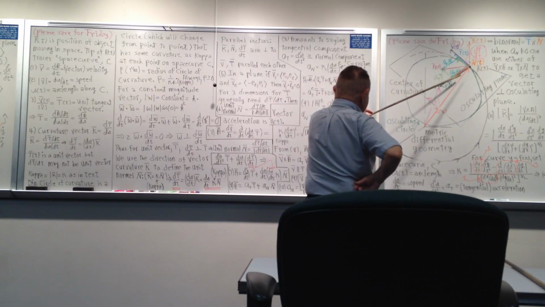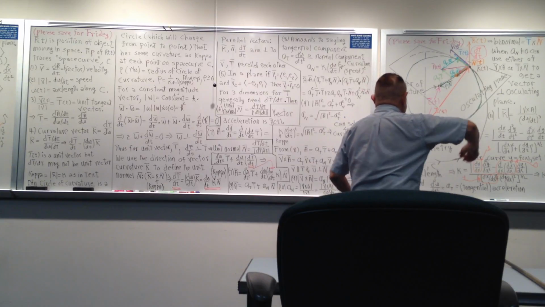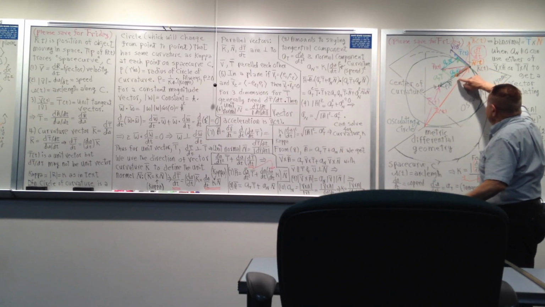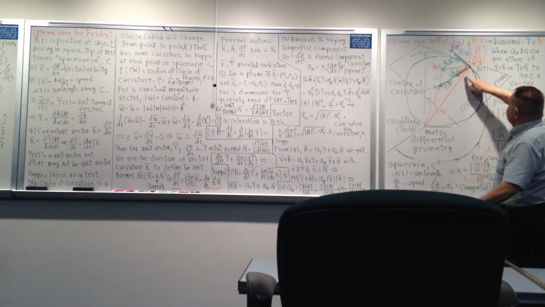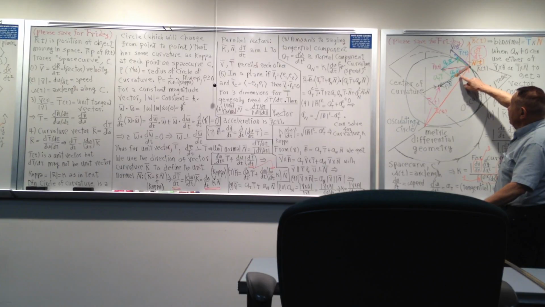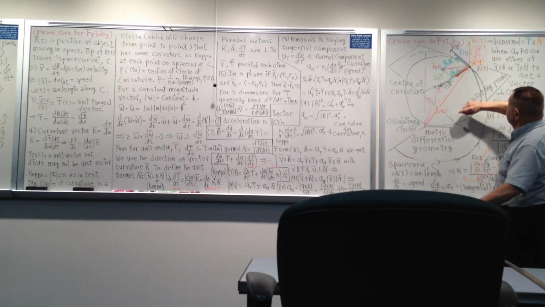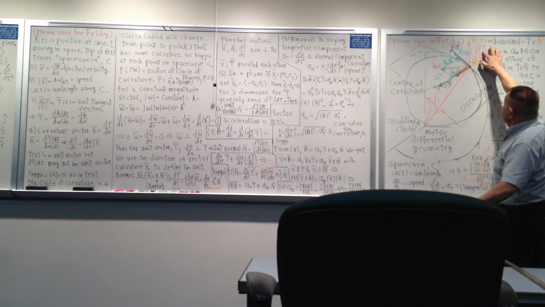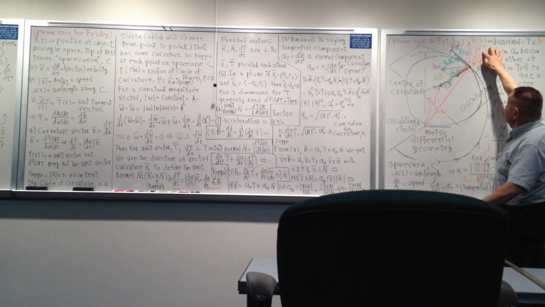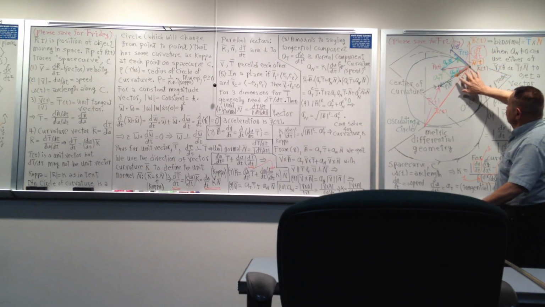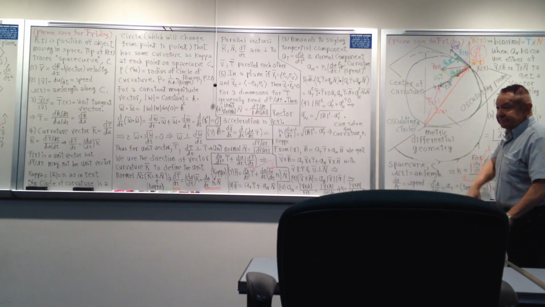So that would be the orange vector that's in my picture here. And so the vectors that point like the orange vector are the curvature vector, which might or might not be a unit vector, the normal component of the acceleration vector, the vector that goes into the center of the circle of curvature, and the derivative of the tangent vector, which points this way but might not be length 1.